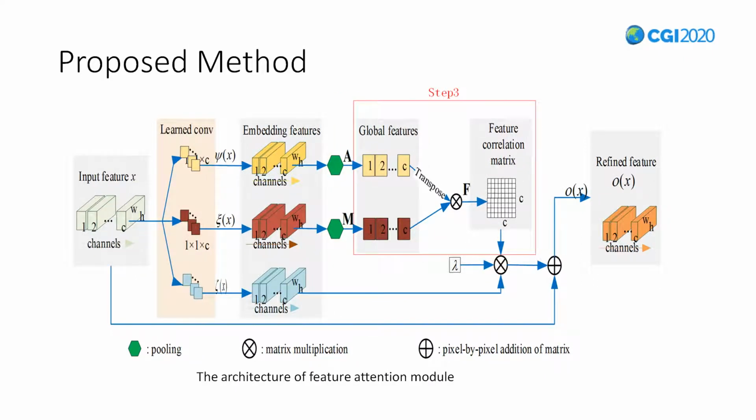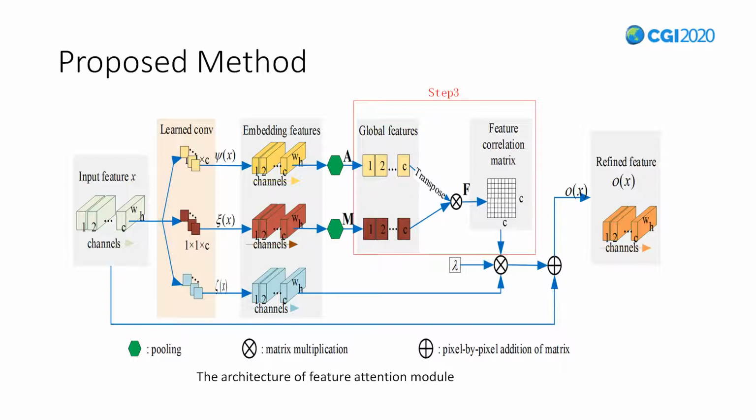Step 3. Calculating the feature correlation matrix F, whose element F_ij reflects the correlation between the i-th average feature and the j-th salient feature. Here, each feature map can be regarded as a feature specific response, and different feature responses are also associated with each other.